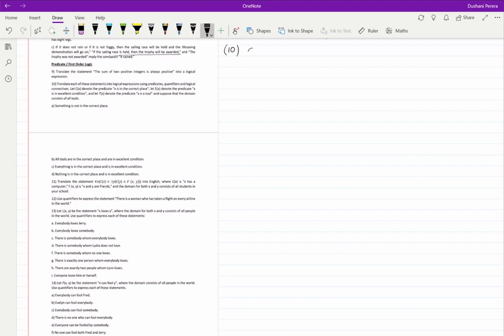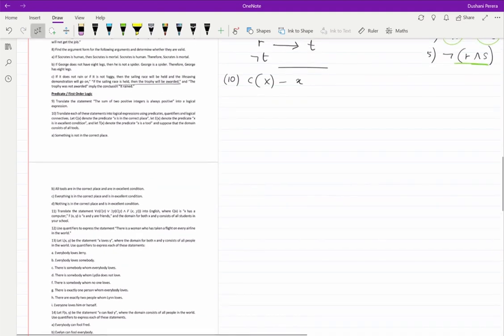Cx denotes x is in the correct place. Cx says that x is in the correct place.